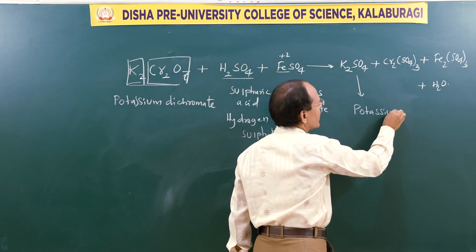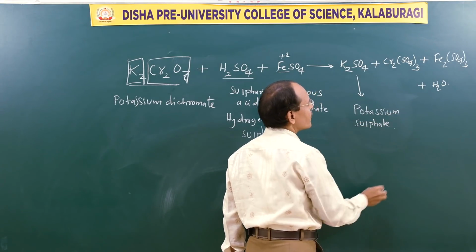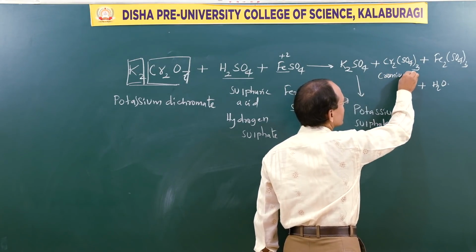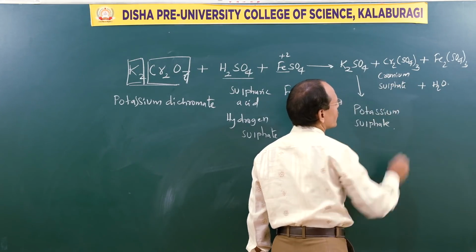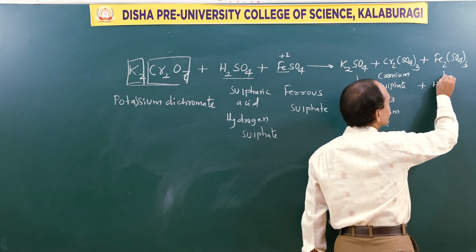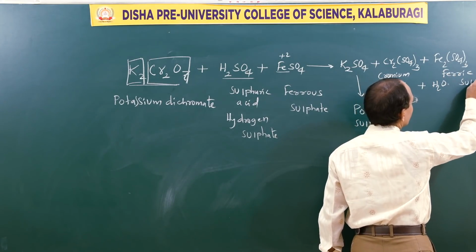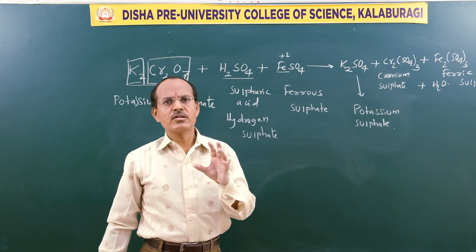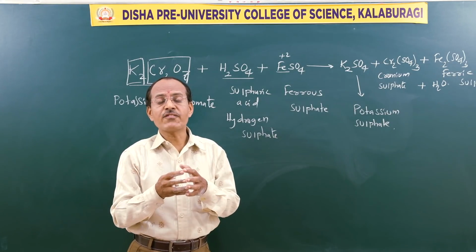And this is chromium sulfate. This is ferric sulfate. So like that you just combine the two ions, one cation and one anion.